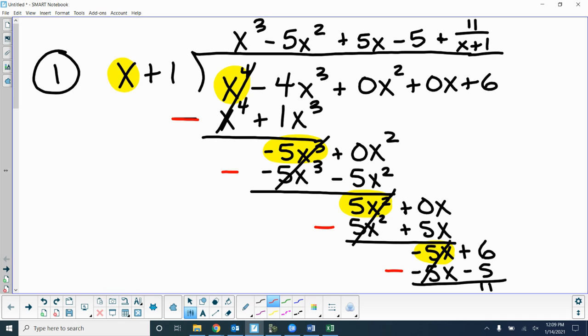So that's our answer for the long division. Questions? So don't forget to add the zeros if you need to.